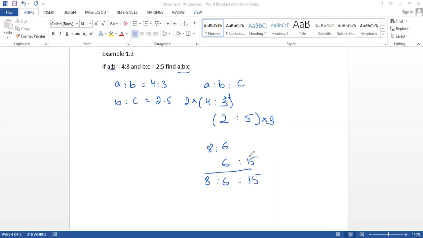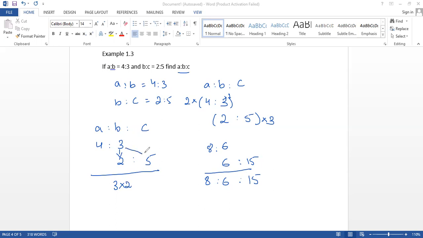One way of solving it is in this way, and another way is the arrow form. So whichever you find easier. Now again, I'm going to write it in this way. So 4 is to 3, 2 is to 5. So in the arrow form, what we do is that basically we draw arrows like this. So we're going to multiply 3 times 2. And the other arrows, they go towards the right.